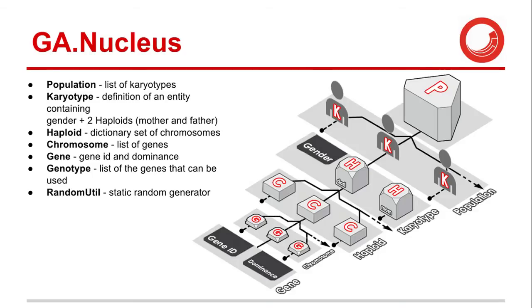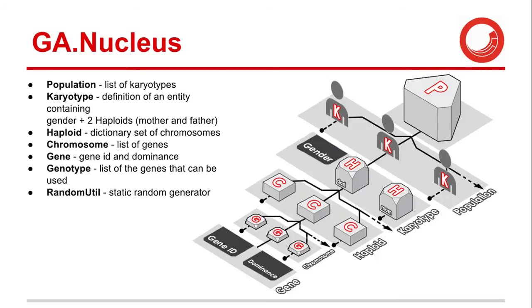A karyotype is a definition of an entity. It's not an entity like a physical incarnation, but it's the definition. So it has a gender and 2 haploids. The gender is important later because you don't want something mating with itself. You want it mixing, and that provides that.